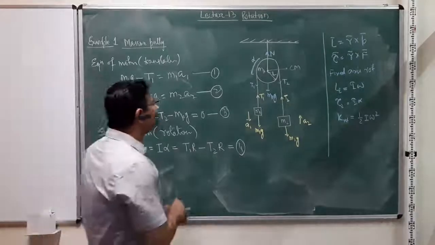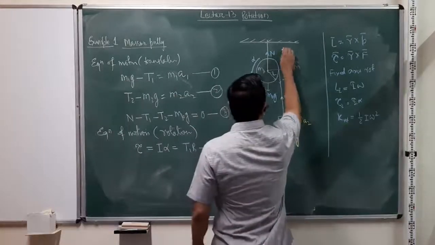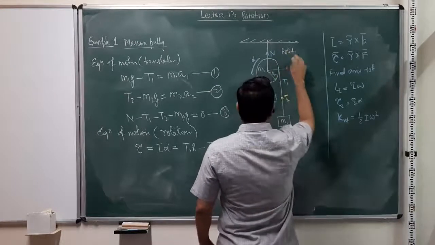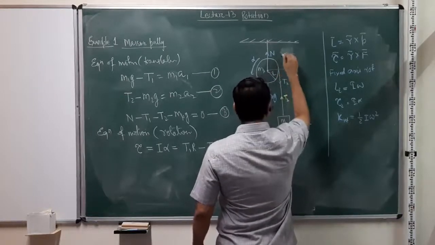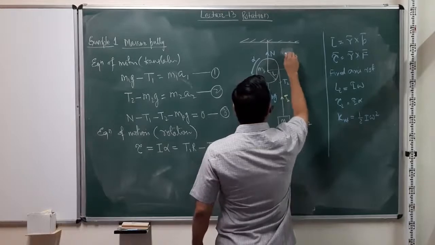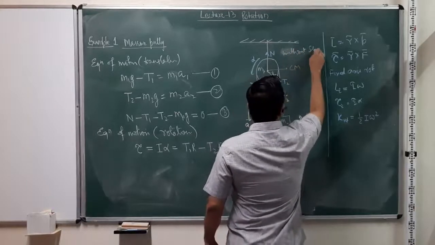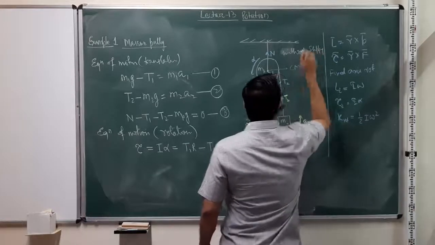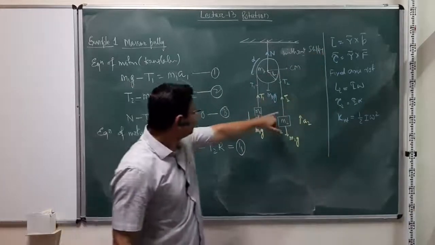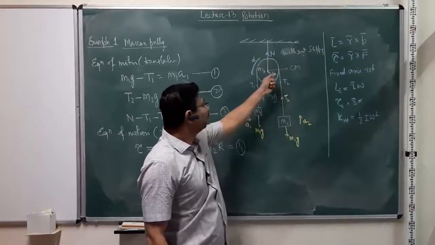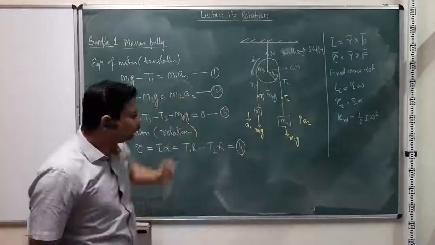So let us say the pulley rotates, or the masses move without slipping. Basically what that means is whatever motion this rope makes over this pulley also leads to equivalent rotation of the pulley.